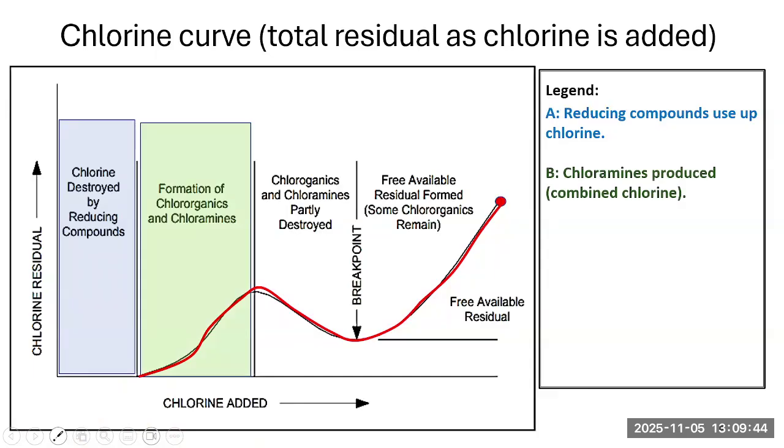And in the green area, we're starting to see an increase in our chlorine residual, but it's forming chloroorganics and chloramines. And the problem with chloramines is that they are the ones that give that chlorine smell to the water.